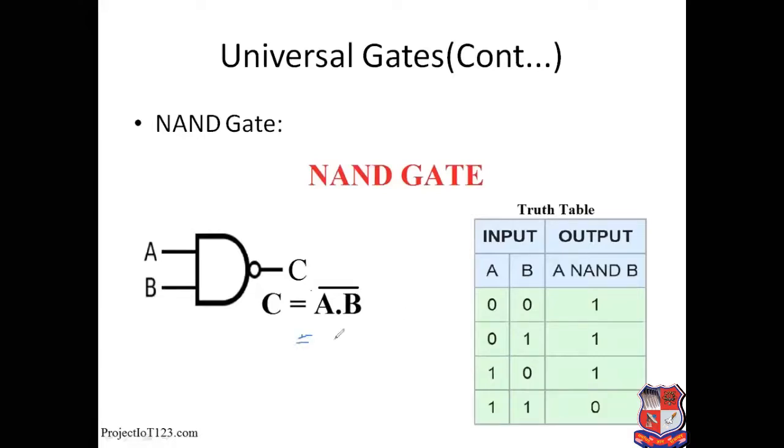If we are putting the value 0, 0, so A is 0 and B is 0, what will we have? So 0 into 0 is 0, and we have again a complement, so it is bar. So 0 bar is nothing but 1. So here you can see that if you are putting 0, 0, then 0 into 0 is 0 and 0 bar is 1. So your final answer should be 1.